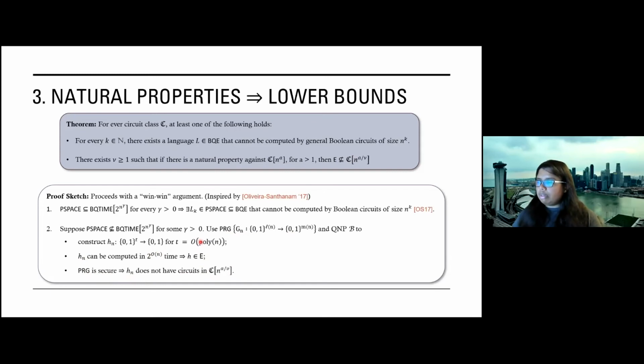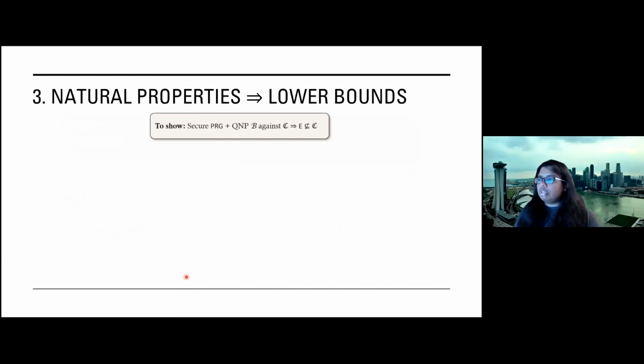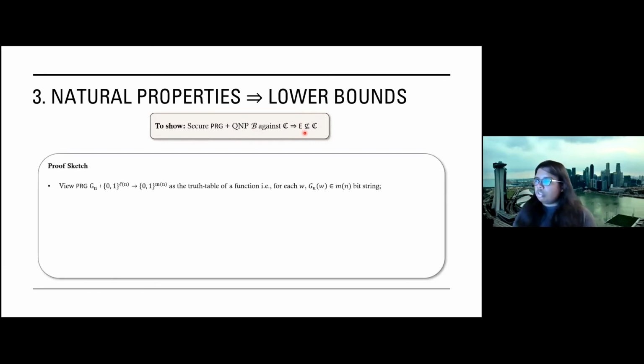To go into a little bit more detail on how this argument works, here is how we use it. Our goal right now is to show that if I have a secure PRG and I have a natural property, then this exponential time is not in this circuit class. First, we look at the output of these generators as truth tables of a function.